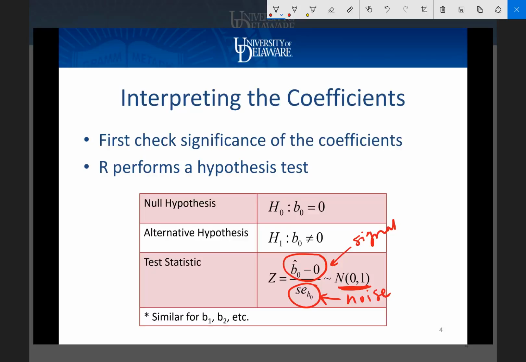The signal is just the estimate of the coefficient minus 0, because that's the value we're comparing it to. The signal will be strong if beta 0 hat, the estimate for beta 0, the intercept, is far from 0. And in the denominator, the standard error of beta 0 is a measure of how certain we are in our measurement.